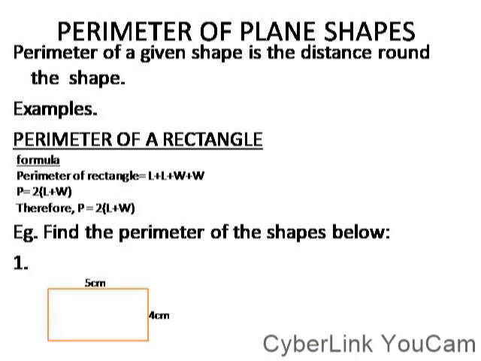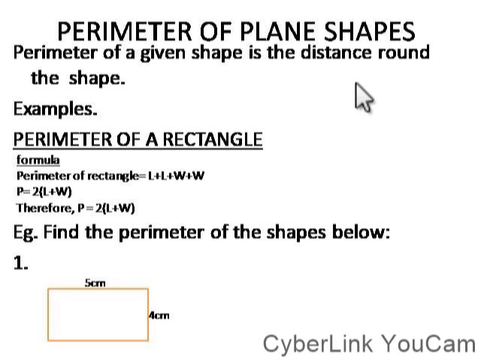Now let's begin again with the perimeter, which is also a polygon. Perimeter of plane shapes. The perimeter of any given shape is the distance around that particular shape. Sometimes people mistake perimeter for area.